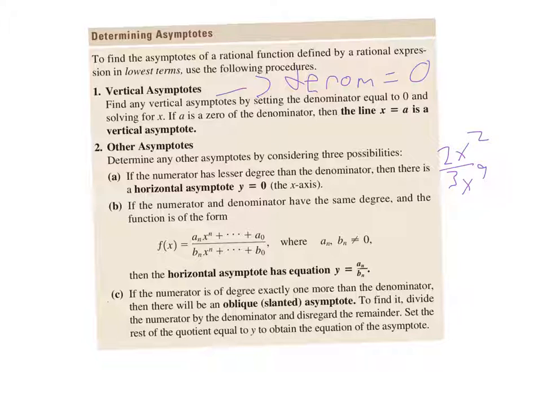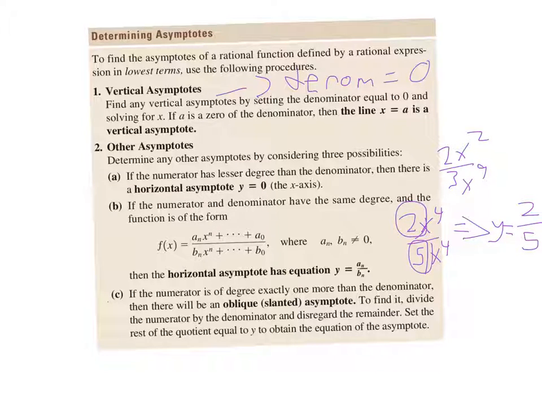And if they have the same degree, part B, like say if they have 2x to the fourth divided by 5x to the fourth, then there's a horizontal asymptote. You can find it by dividing the leading coefficients, 2 and 5.